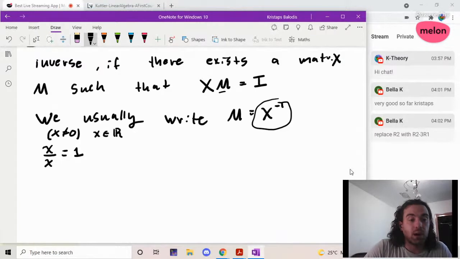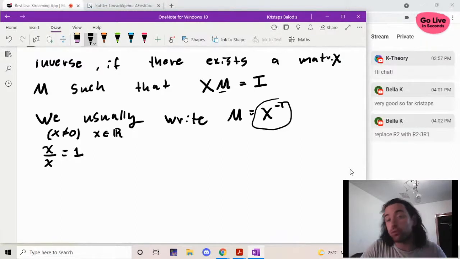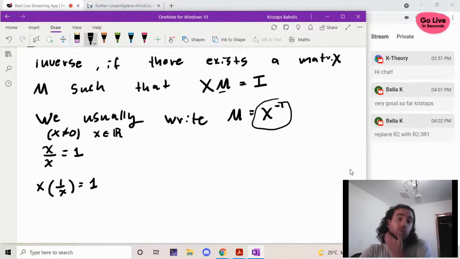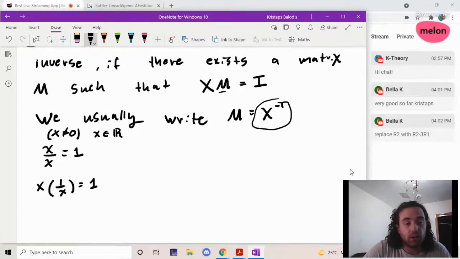Another way I can write this out, if you remember some of your exponent laws, is X times 1 over X being equal to 1. If you don't remember them, it could be worth reviewing them. I can rewrite 1 over X as X to the power of minus 1.